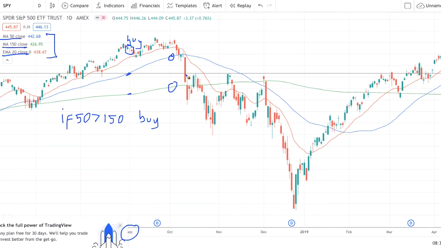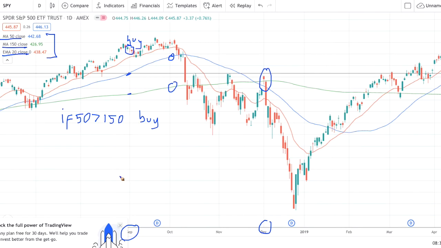But what happens if the 50 is below? For example, here in December, you see that the 50 is below the 150. The blue is below the green. In that case, we may be in a downtrend. If we are in a downtrend, we only want to buy whenever we see a reversion, when the price is bouncing back.